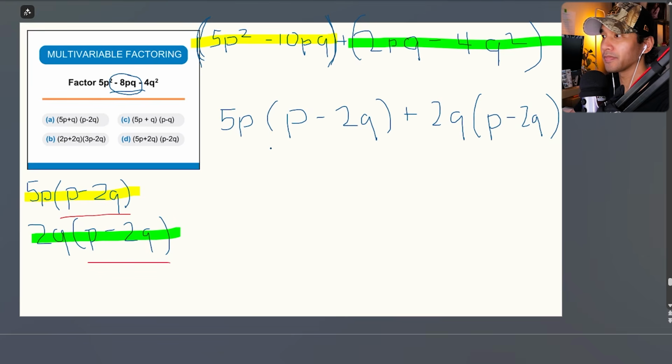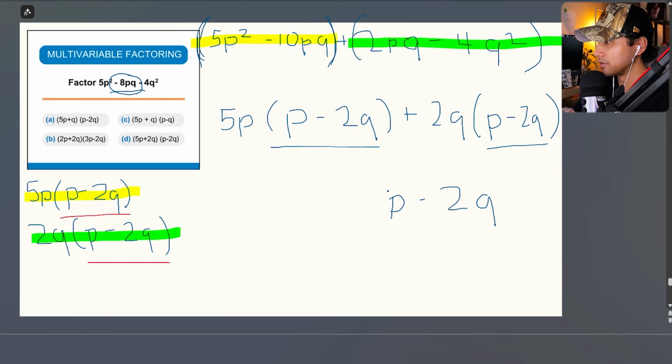Okay, the next step is to factor out the common binomial. Sounds complicated, doesn't it? All it means is, you see these two, they're the same. We just rewrite it to where it's just p minus 2q. But then we have to group these two.